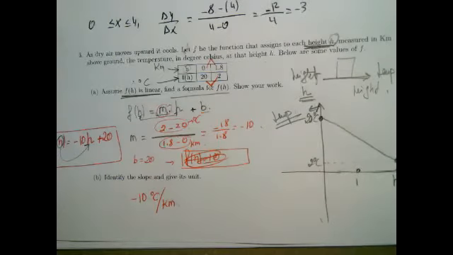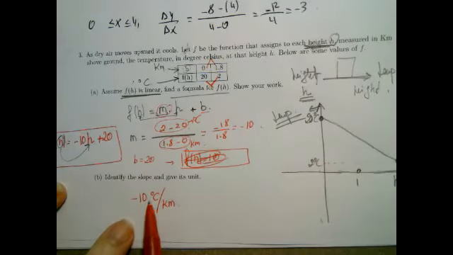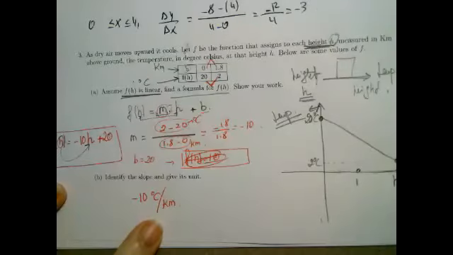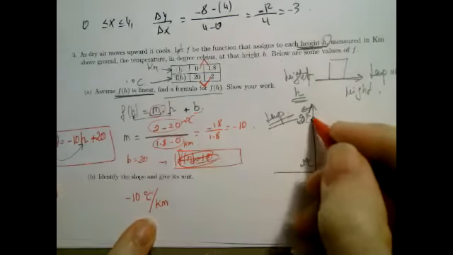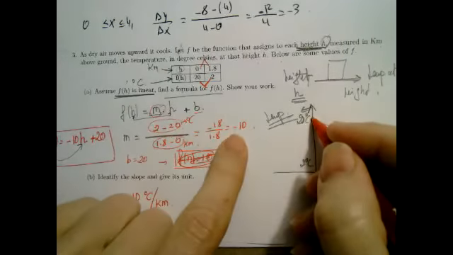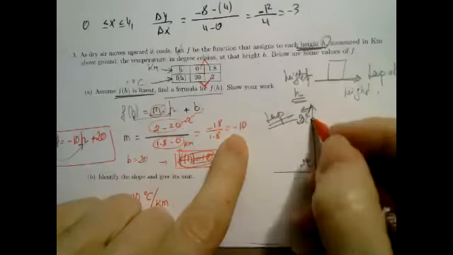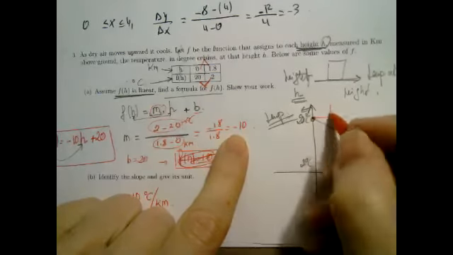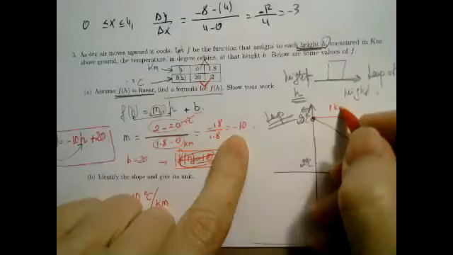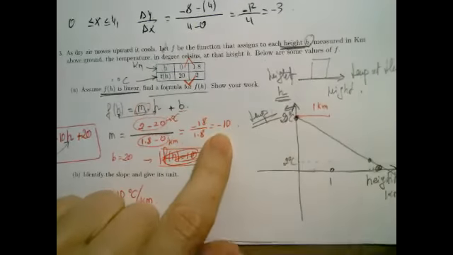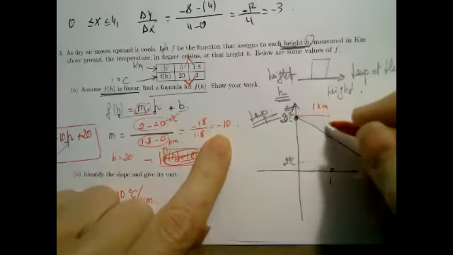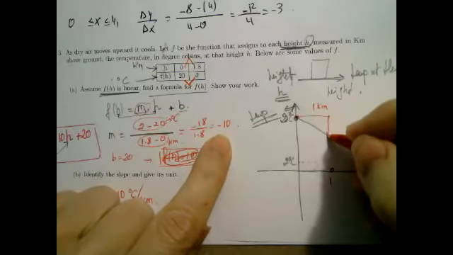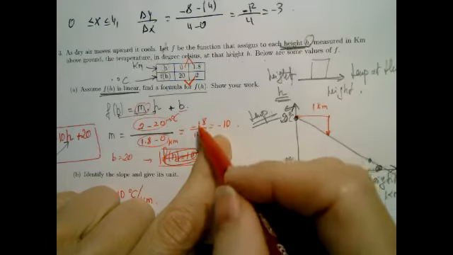Now let's interpret. What does this mean? Minus 10 degrees per kilometer. Now I go back to the graph. The slope is minus 10. What does it mean? If I start here and I go 1 unit to the right, it means I go 1 kilometer, because that's what my input is. I go down by 10, but 10 what?